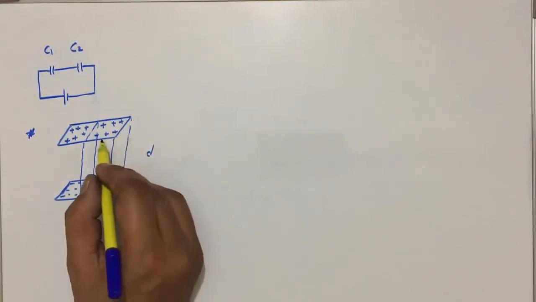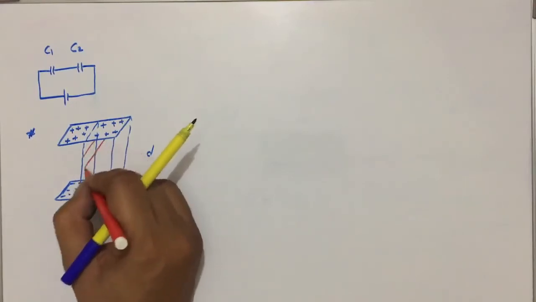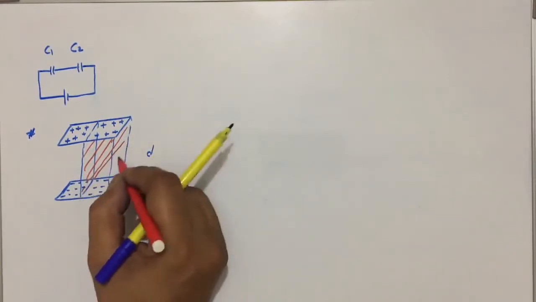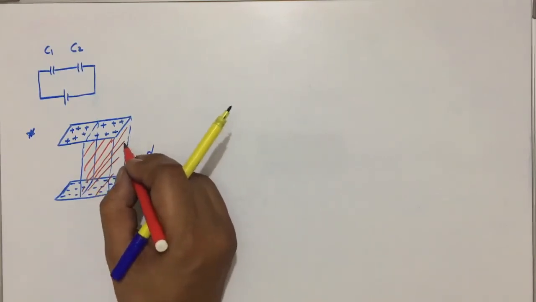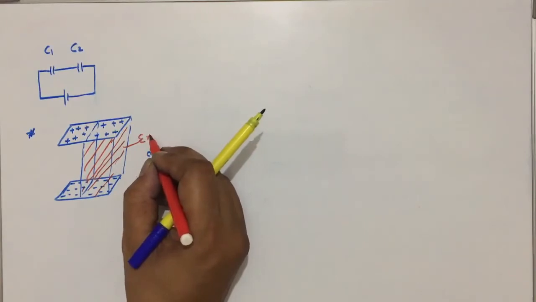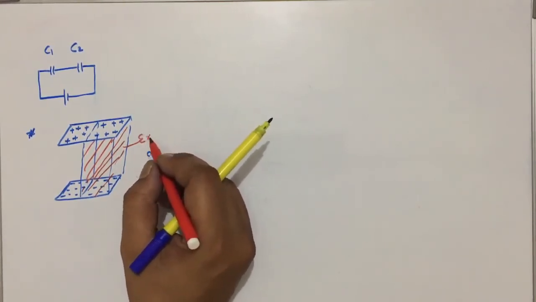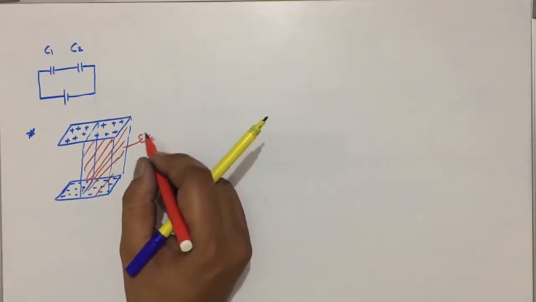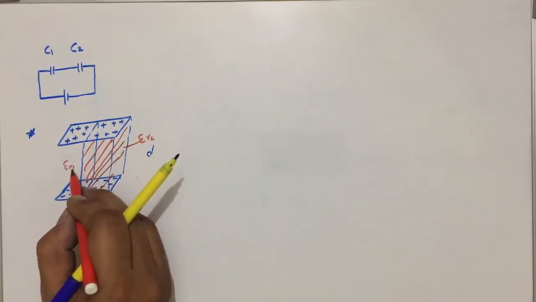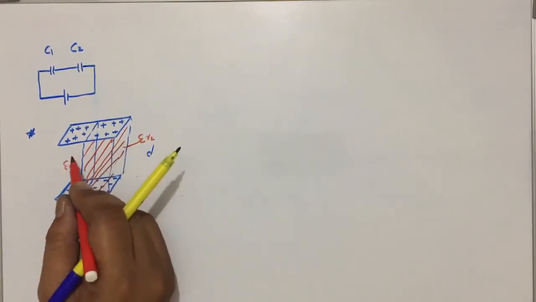This is dielectric material, filled with dielectric material. The permittivity is epsilon R1, you can say R2 because this is the lower, then put it R1. Don't worry about R1, R2, just put.